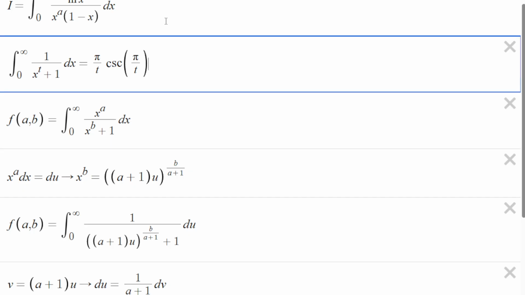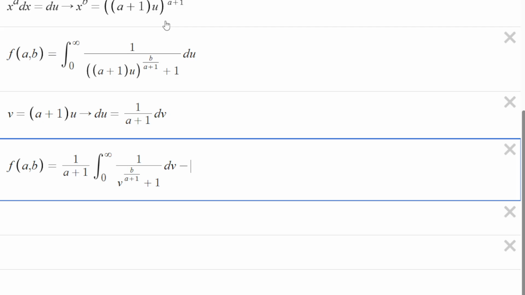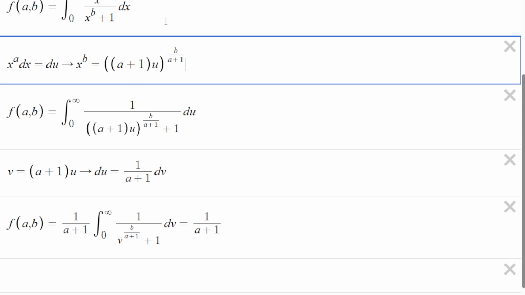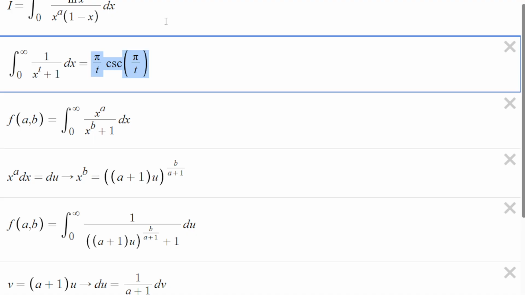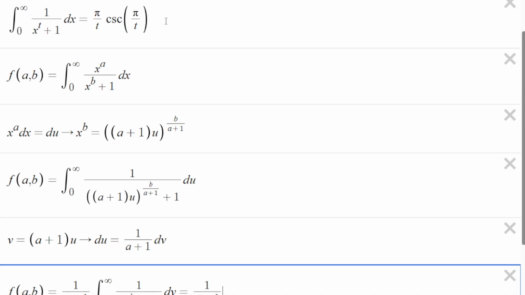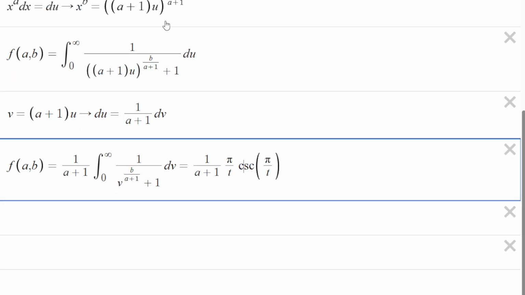So what we'll say is that this is equal to 1 over a plus 1, and then we will copy this part over here, except our t is no longer just a t, it is b over a plus 1.